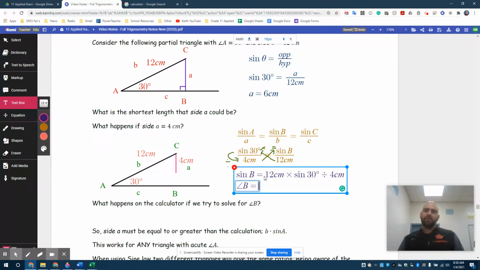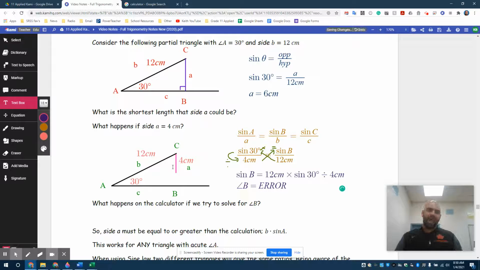This doesn't actually work. What it's telling us is that there is, in fact, no angle. We can't solve for that angle because this triangle does not work. The measurements that have been given are not possible in a three-sided shape. Therefore, this does not work, and we cannot use it as an example.